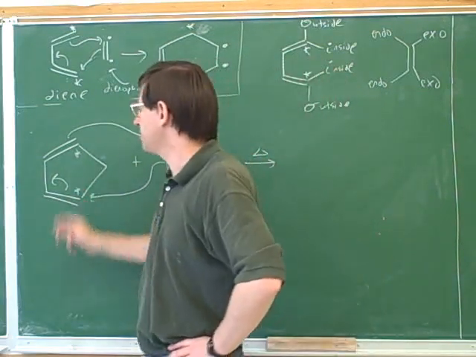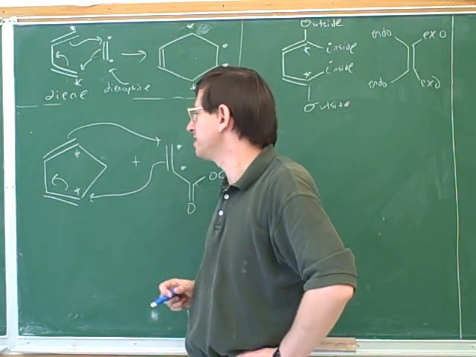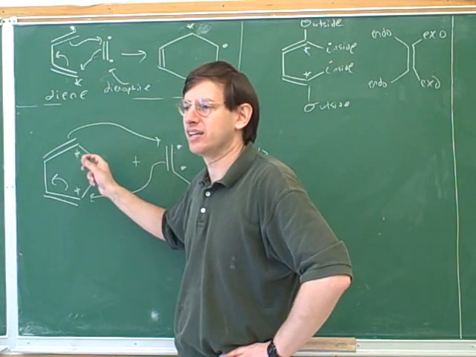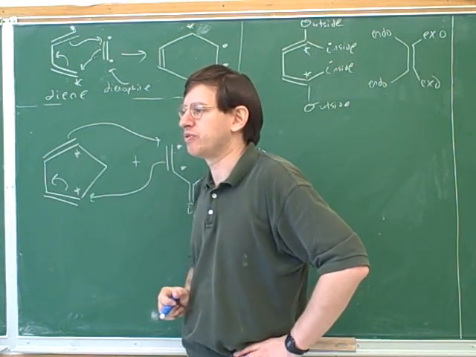Now this is a little trickier than the problems we've done before, although it looks like you both know how to deal with this. Why is this trickier? Because we had a cyclic diene. We haven't dealt with any cyclic dienes before.